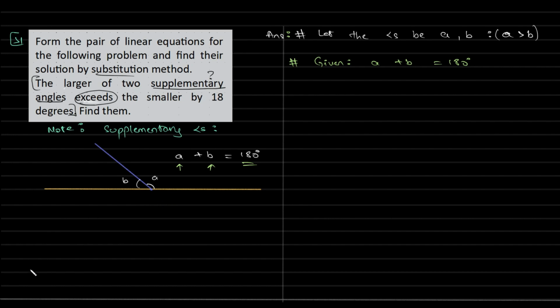There's one more thing that you need to know. Complementary angles. It's not that you will always get supplementary angles. You can get complementary angles also. So what are these? When any two angles add up, and if it's equal to 90 degrees, they are said to be complementary to each other.